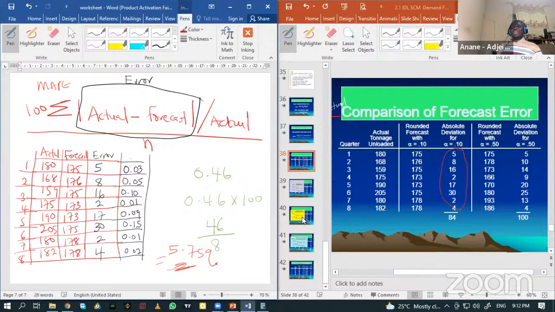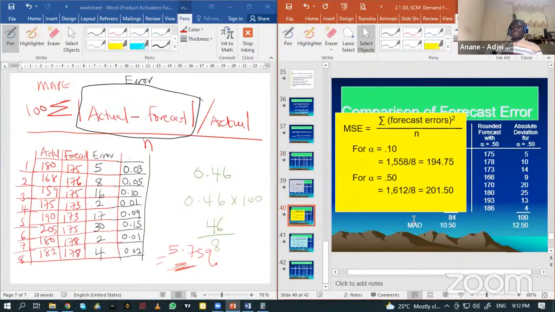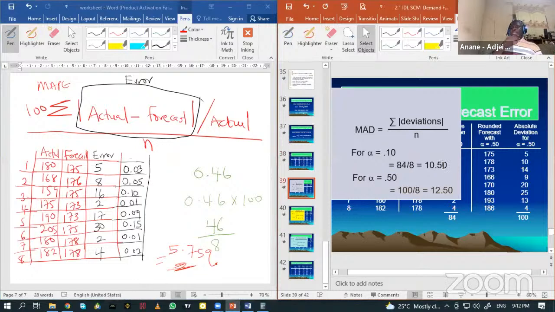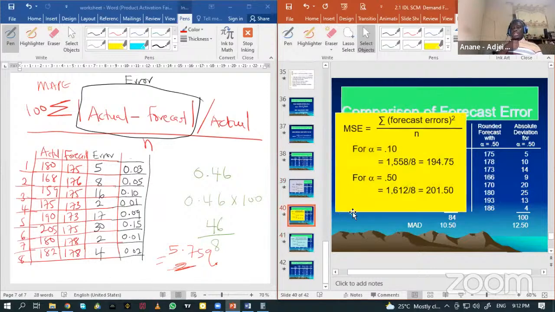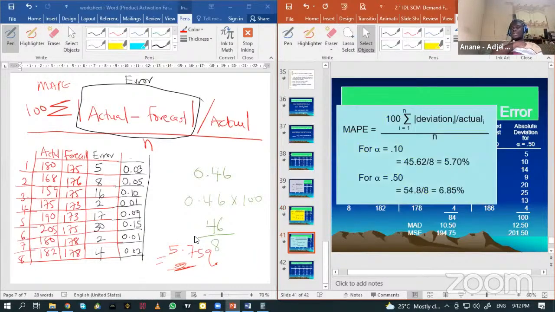Okay, so let's look at the answers. The first one we got 10.50 for the MAD. The second one we got 192.75, and the last one, now you see the answer is 5.70 here. It's all because of the margin of the percentage.